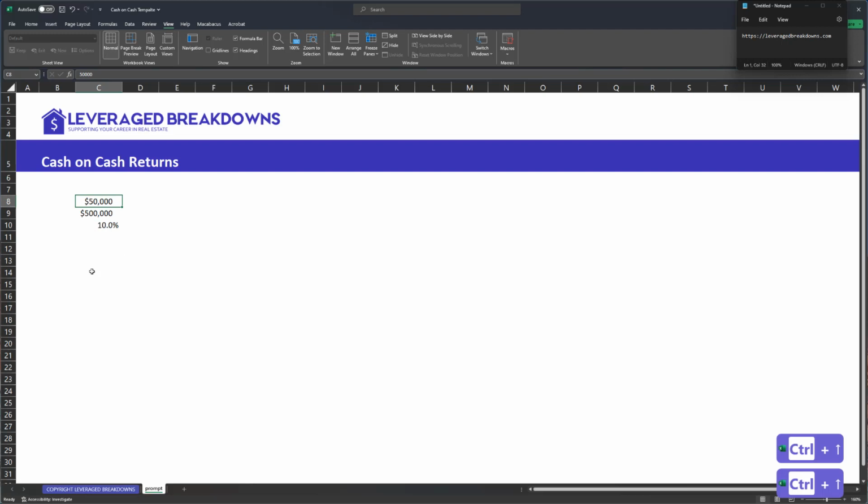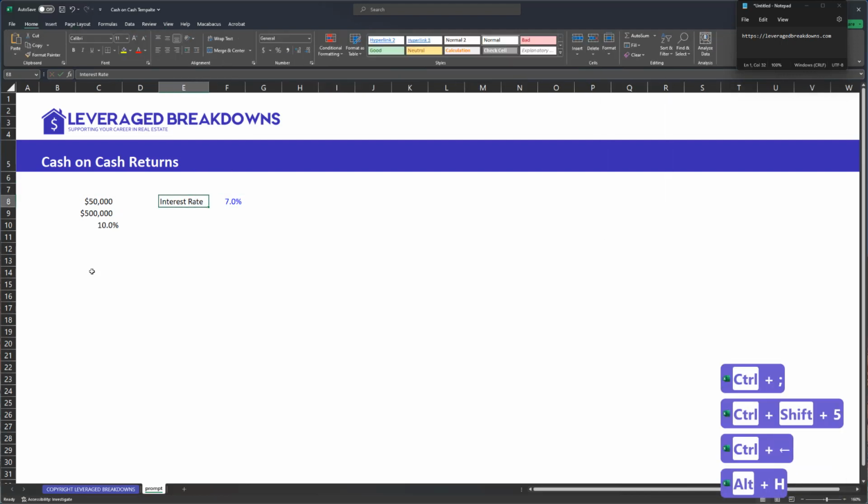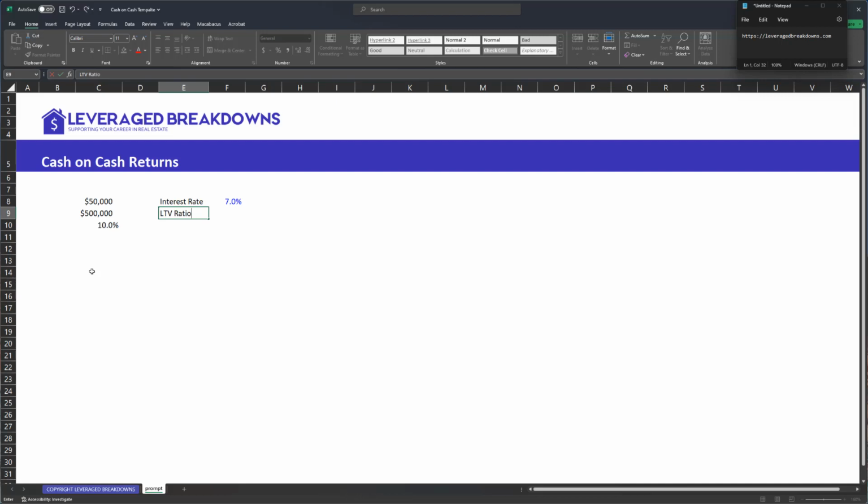Key factors affecting cash-on-cash due to leverage include the interest rate, the loan term, the loan-to-value ratio, which I'll put here, the amortization schedule, and inflation.